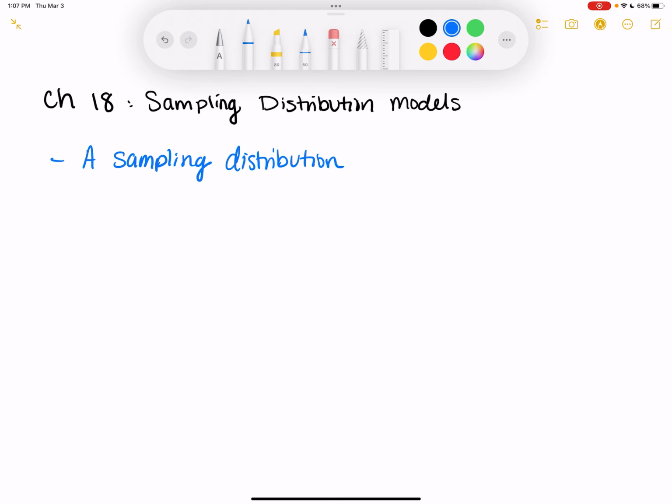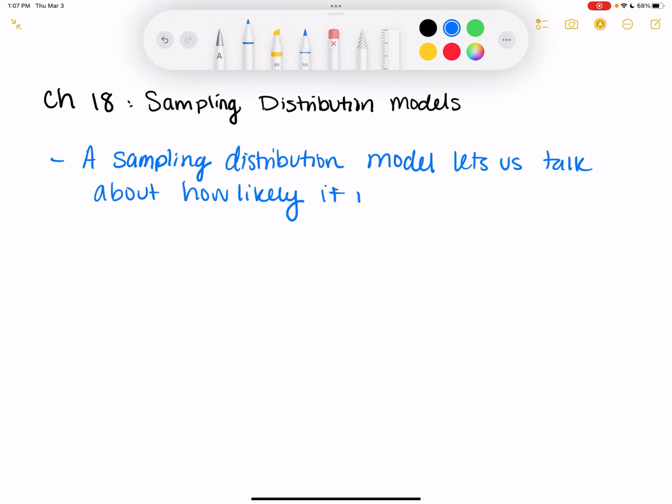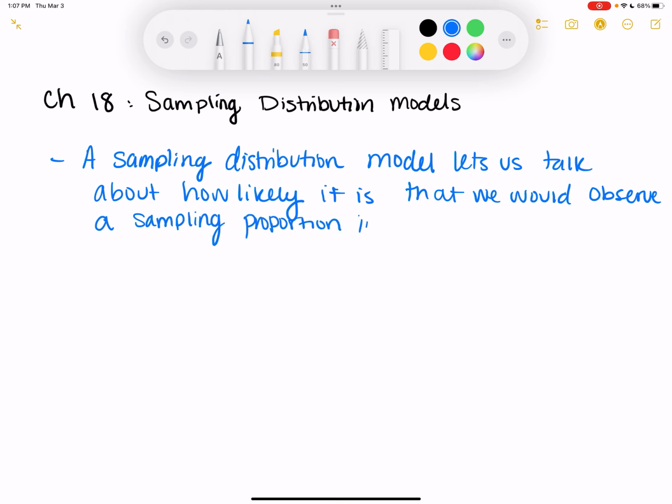All right. A sampling distribution model lets us talk about how likely it is that we would observe a sampling proportion in any particular interval.